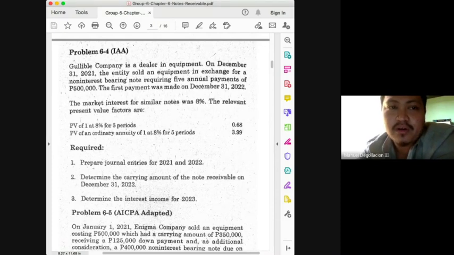So what do we do here? We solve for the present value of the future cash flows to get the principal component, which will represent our sales figure, and the remainder would represent the interest income that we will earn over the next 5 years.